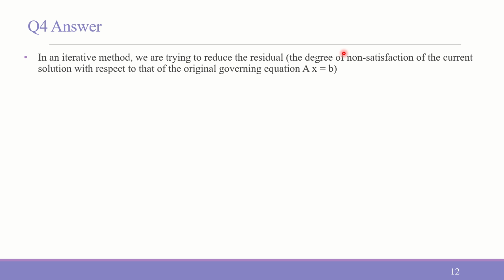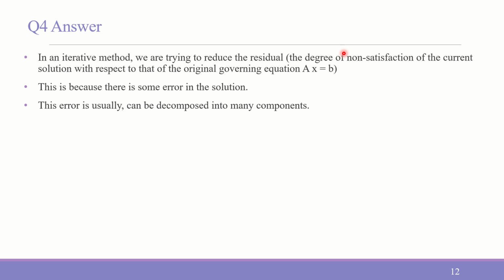If the residual is high, it represents the degree of non-satisfaction of the current solution with respect to the original equation solution. This is because there is some error in the solution. Why are we getting a different thing? Because we are getting some error in the solution.